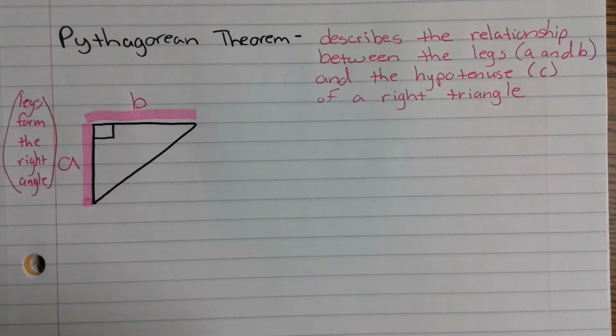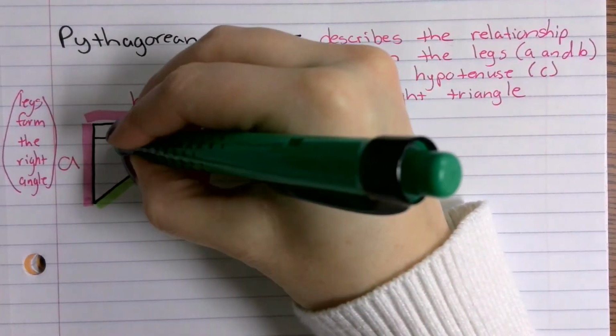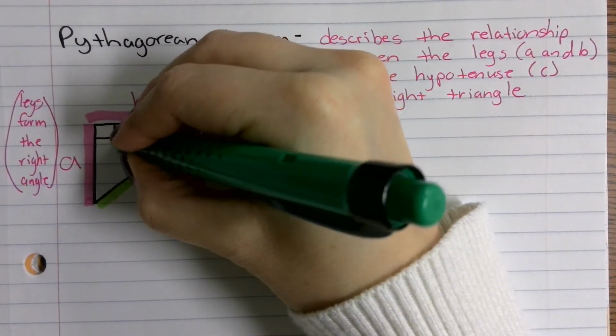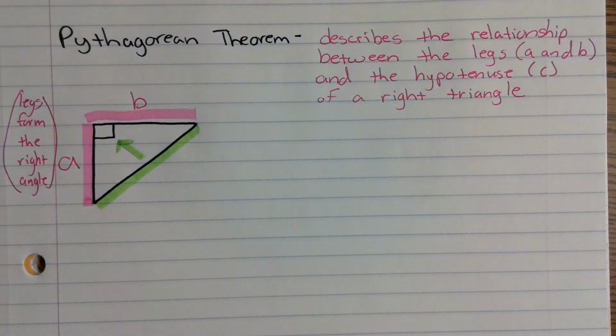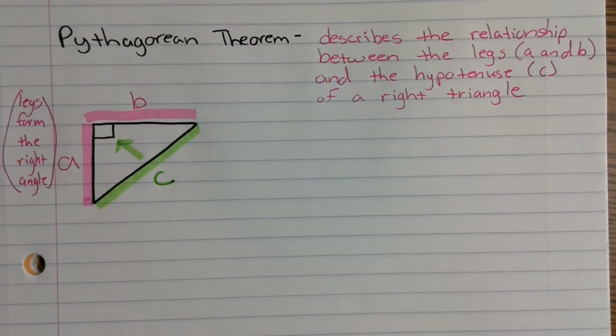And then the third measurement, you'll know it is the third measurement because it is directly across from that right angle. That is always going to be labeled C, the hypotenuse.